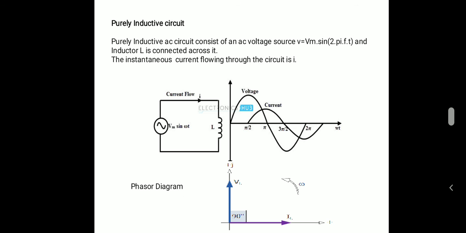In rectangular form, in the purely inductive circuit there is no resistive part, so R becomes 0 plus jX. X is XL minus XC, and XC is also 0, so Z is equal to 0 plus jXL, which is jXL ohm.